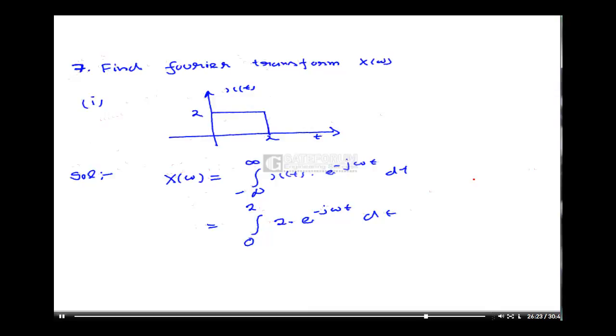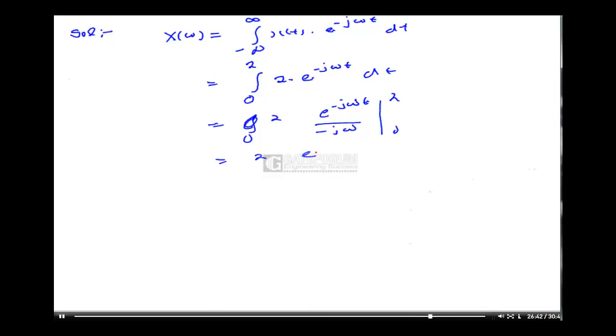Now on solving this integral, 0 to 2, 2 common, e to the power minus j omega t upon minus j omega, from 0 to 2. Okay. 2 e to the power minus j2 omega minus 1 upon minus j omega.